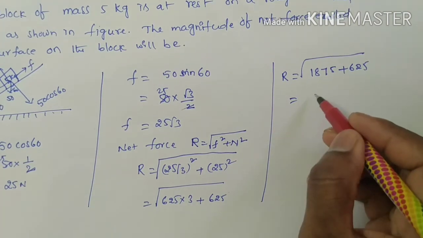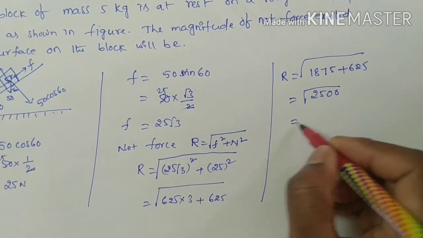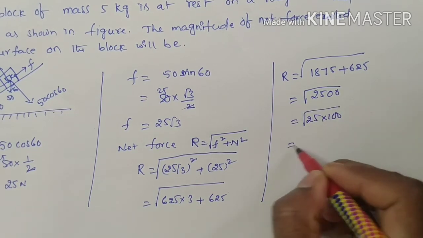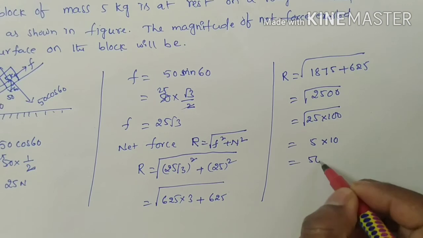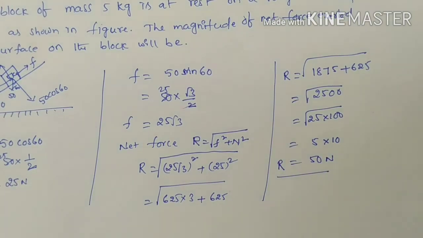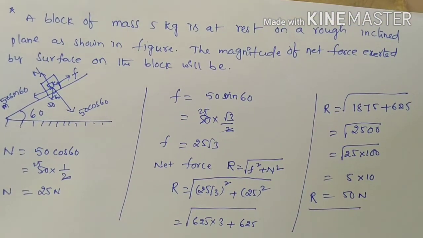So 1875 plus 625 is equal to 2500. This can be written as 25 into 100. What is the root of 25? 5. What is the root of 100? 10. That is equal to 50 newtons. This is the net force acting on the block.